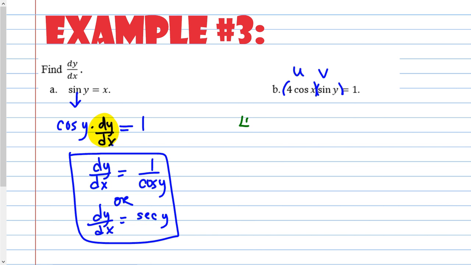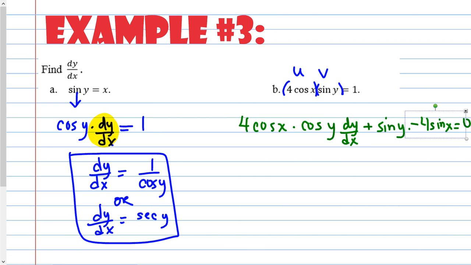So u times v prime, the derivative of sine y, so that's cosine y dy dx, plus v, which is sine of y, times u prime, which is 4 times negative sine x, so negative 4 sine x. And then equals, and the derivative of 1 is 0.